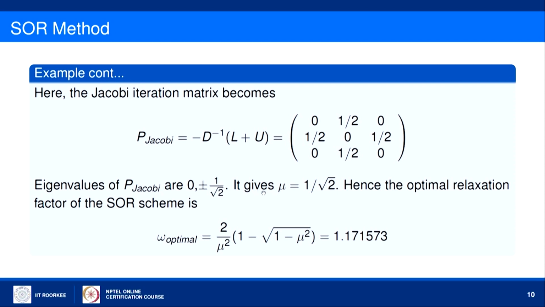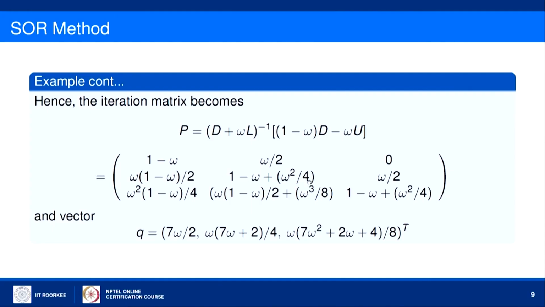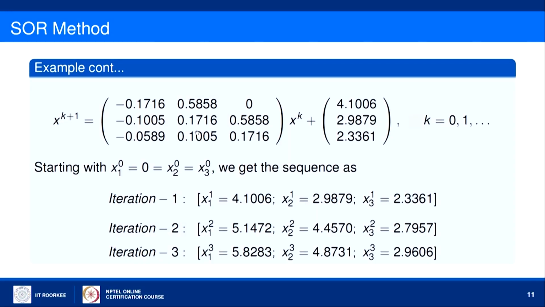So, it gives the spectral radius mu as 1 upon root 2, and hence the optimal factor for the SOR scheme, omega optimal, is 2 upon (1 plus square root of 1 minus mu square) by using this formula, and it comes out to be 1.171573. After substituting this value of omega into this iteration matrix and the column vector Q, we obtained this matrix P as the iteration matrix and this column vector as Q.